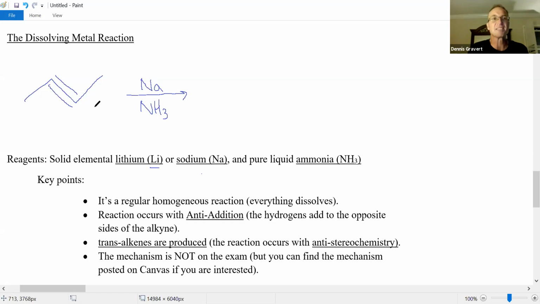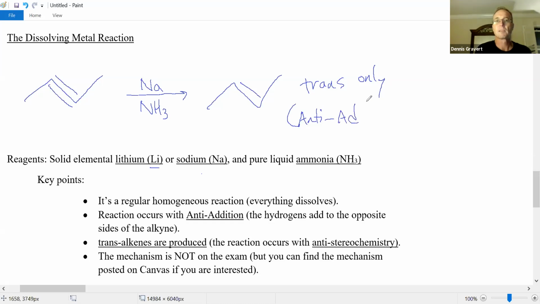And that's what happens. The triple bond's reduced to a double bond, and you always get trans. It's through anti-addition. I'll abbreviate addition that way. Trans only, occurs by anti-addition.